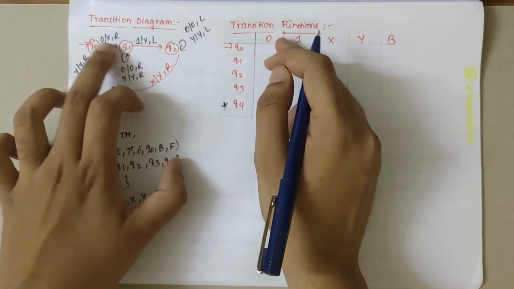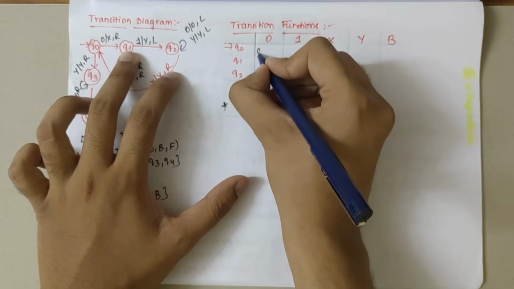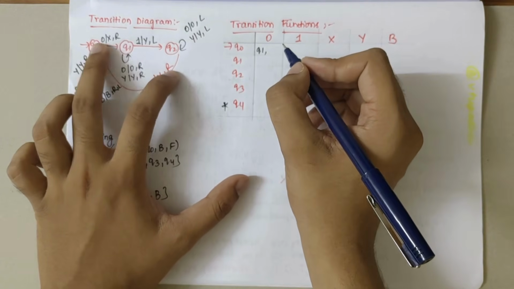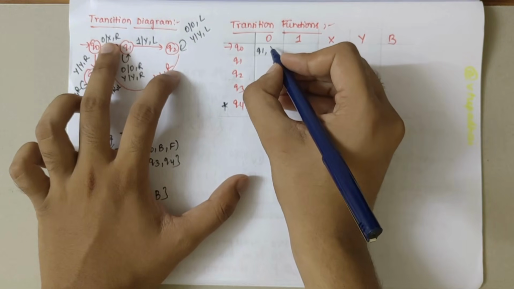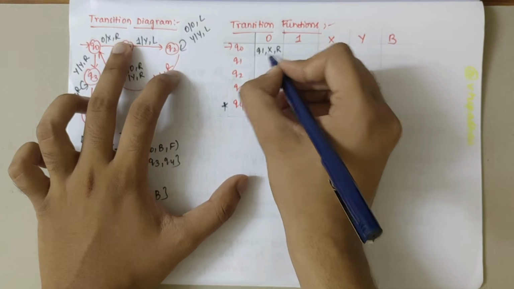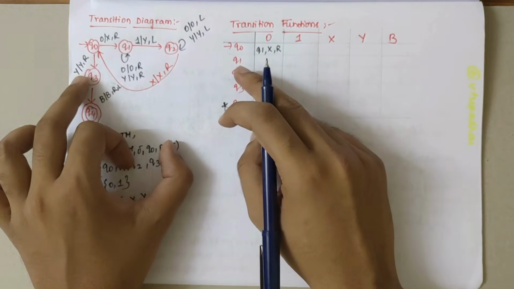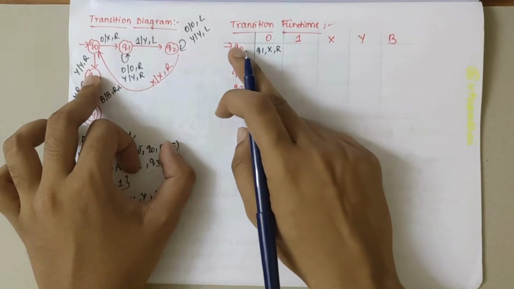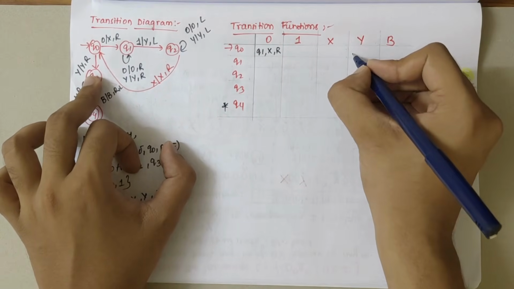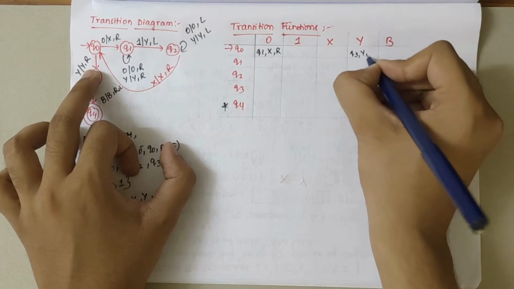Q0 on 0, it is changing to Q1, right? So I'll write firstly Q1, and 0 is being changed to x, and along with x it is moving right. So Q1, x and right. Then from Q0 over y, I am moving to Q3, with y and r.